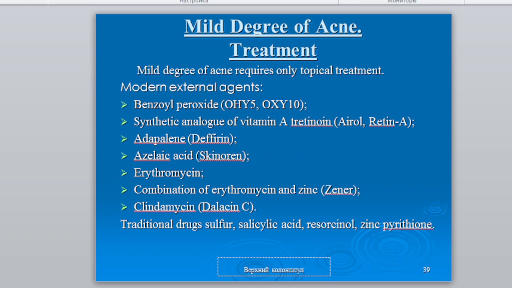Next, mild degree of acne treatment. Mild degree of acne requires only topical treatment.